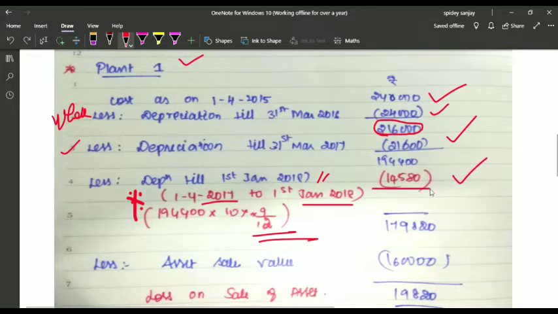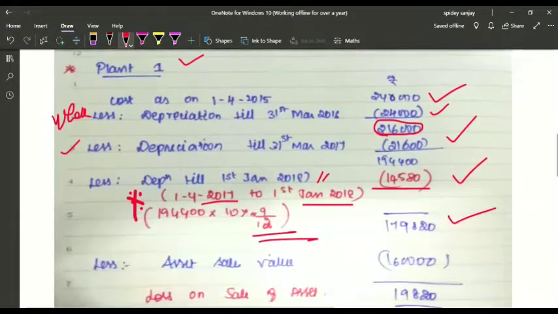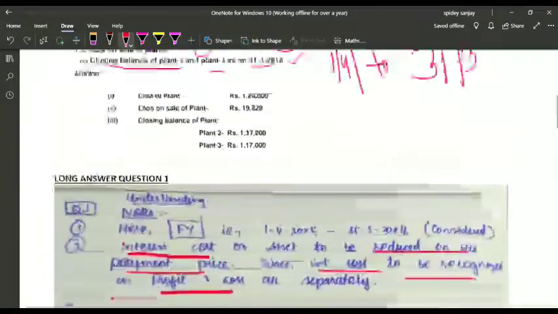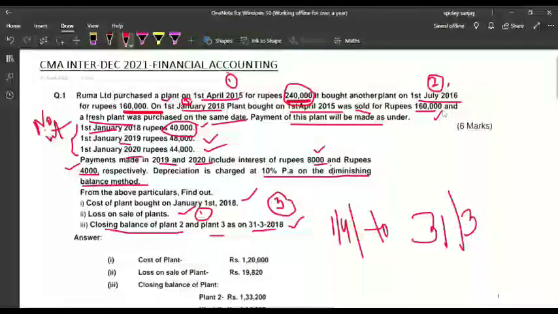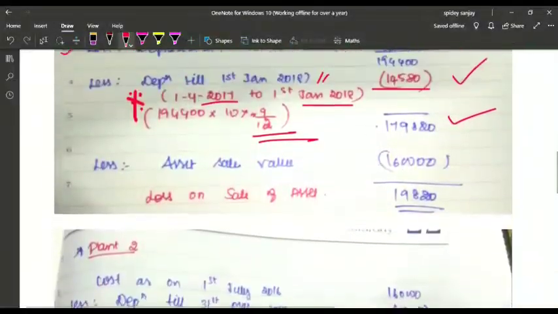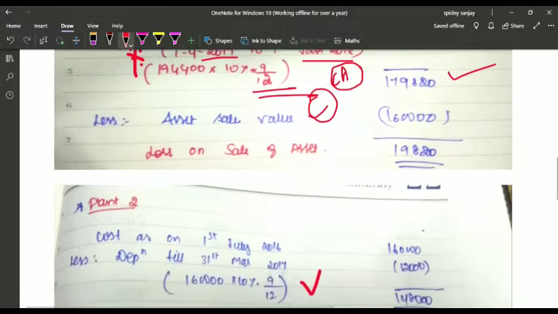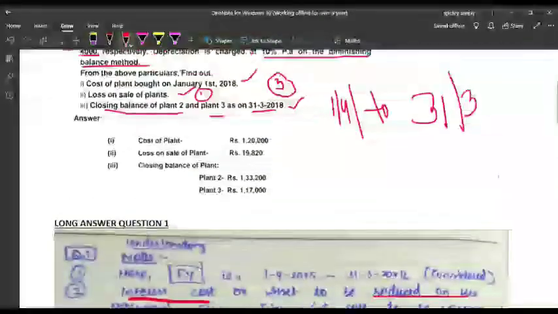So we arrive at the carrying amount as on the sale date, and we are selling this asset at 1,60,000 rupees. The actual carrying amount of the asset is 1,79,820, whereas the sale value is 1,60,000. Therefore the loss on sale of the asset will be 19,820.